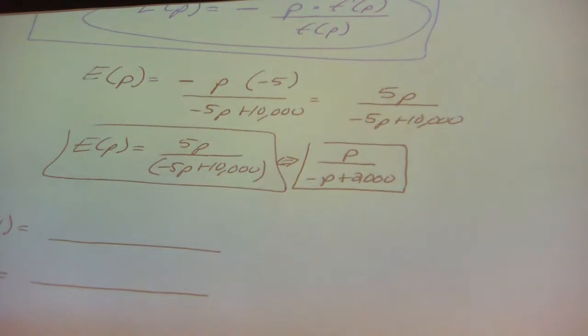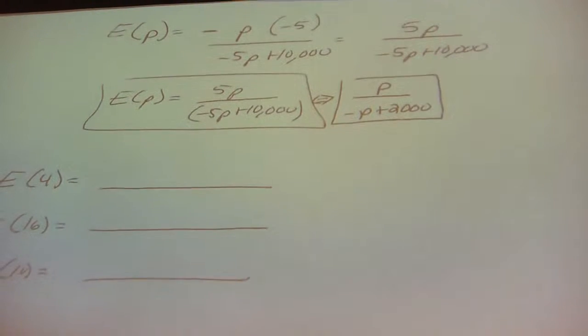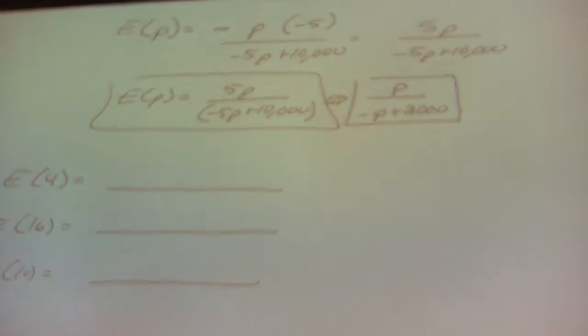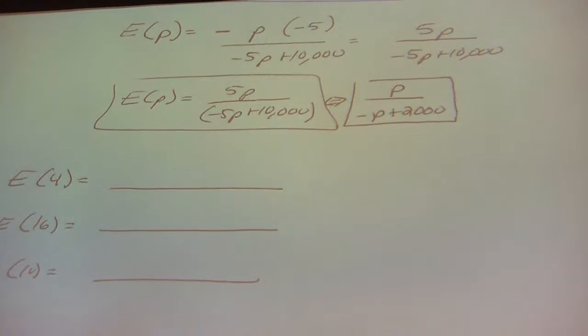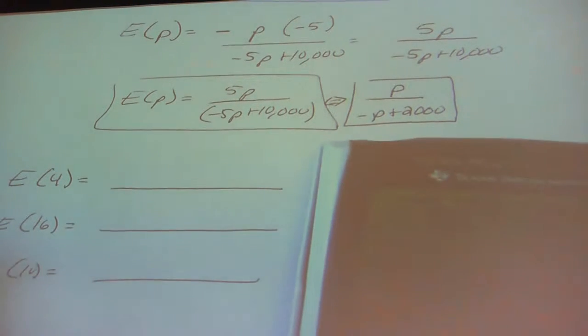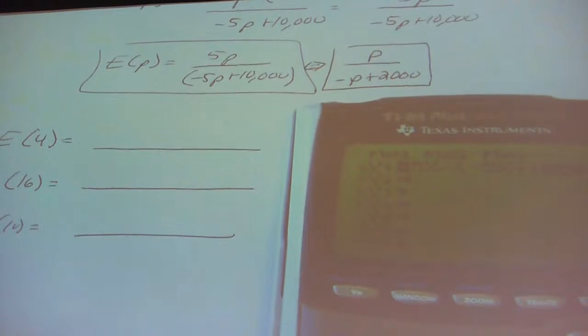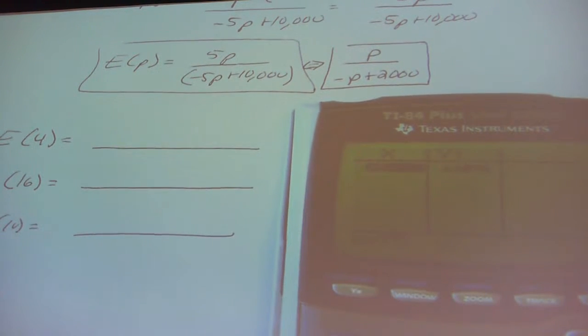So let's say you're deciding what you should do for price. This will tell you if you're on the right path or not. If you did this correctly and plugged it into Y1, go to the table and plug in 4.